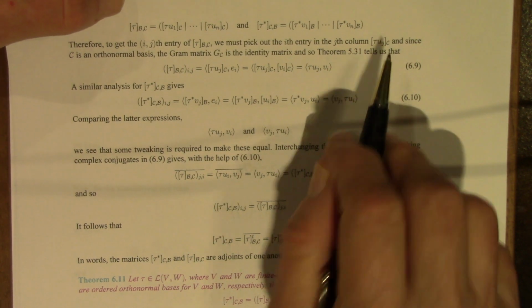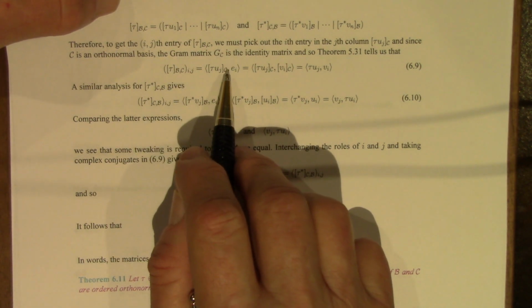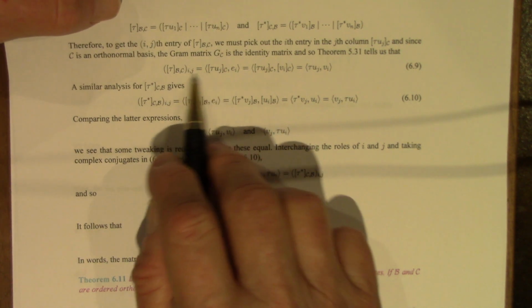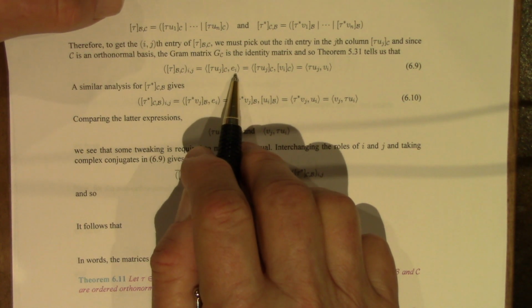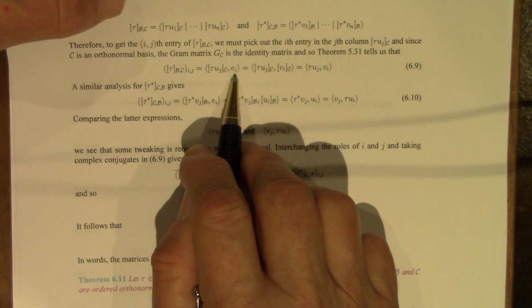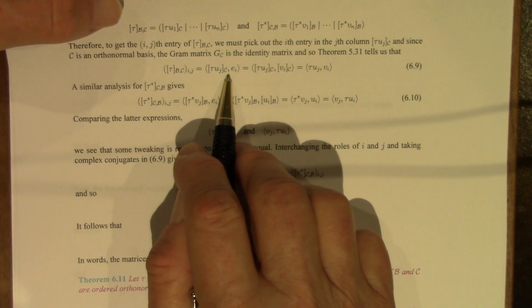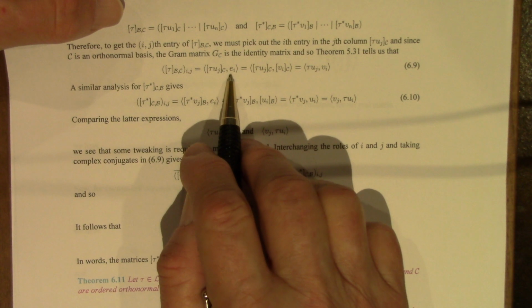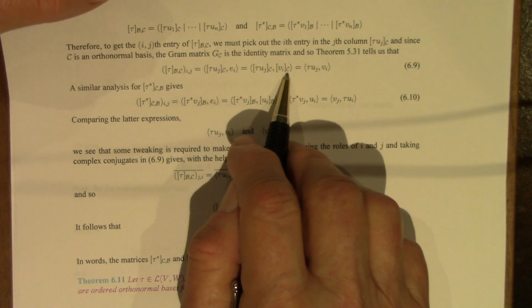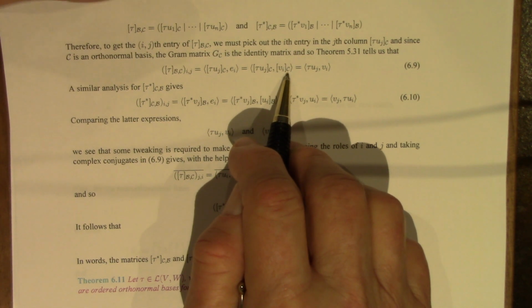But C is an orthonormal basis. So if we want the ijth element, first, this is just a column vector, this column vector here, we just inner product it with the ith standard basis vector. That'll pick out the ith entry. Think about the matrix multiplication here. Okay. Now, e sub i is v sub i, that's the ith C basis vector, C coordinates.